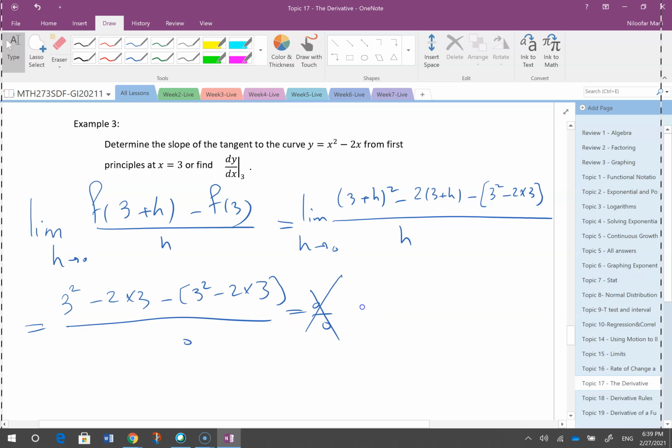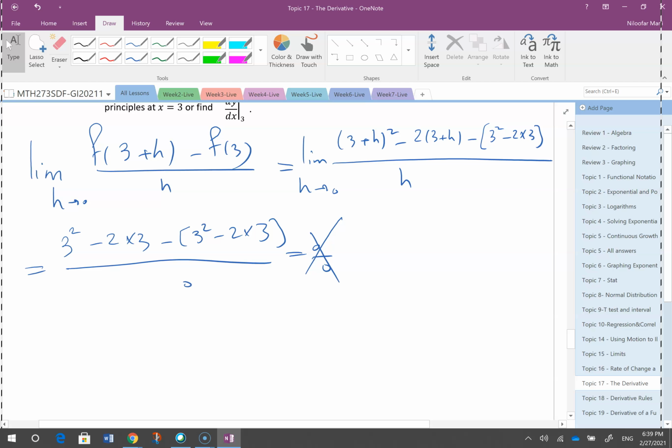Okay, so undefined, I have to fix this problem. So it is limit 9 plus h squared. I'm using topic 15, so that's 6h minus 6 minus 2h, and the answer here is 9 minus 6, which is 3.